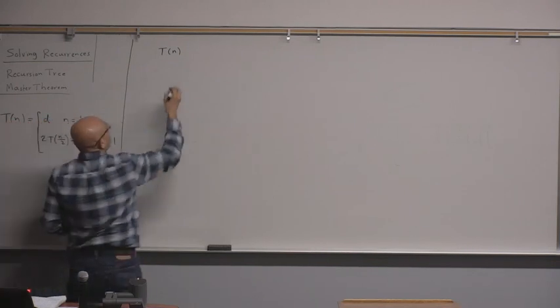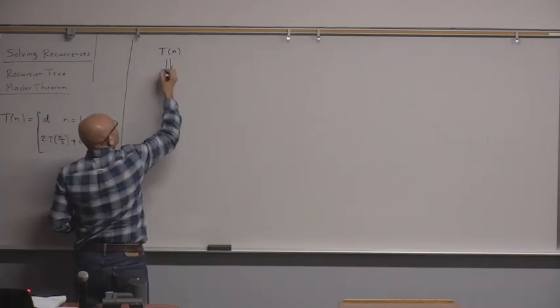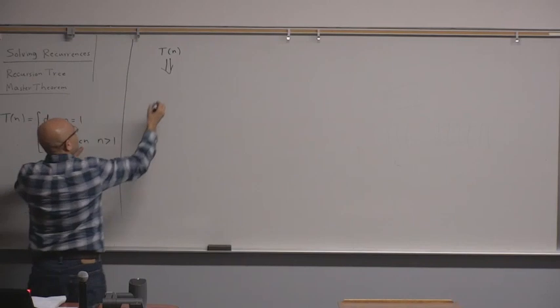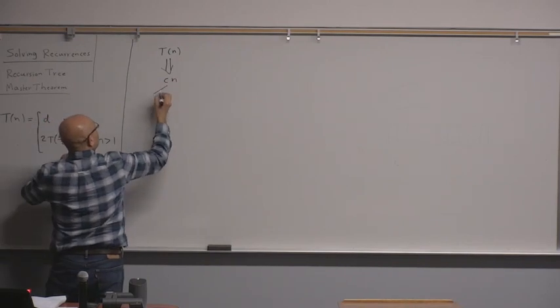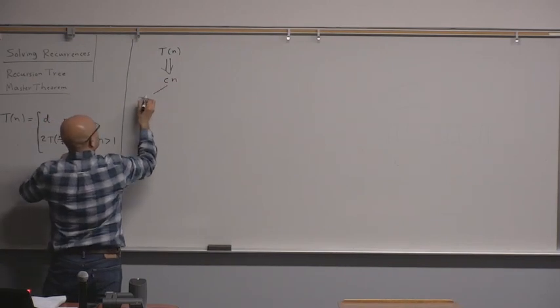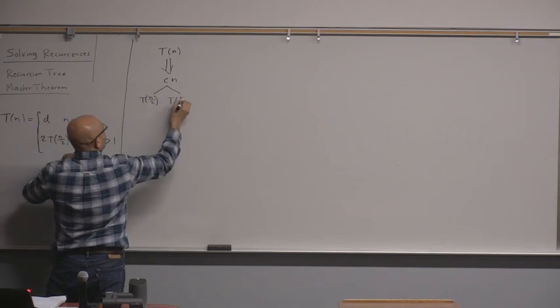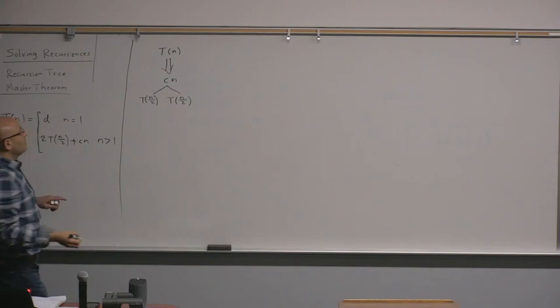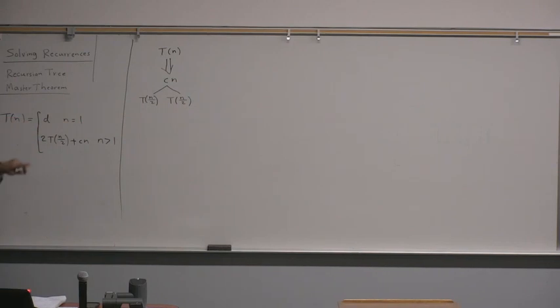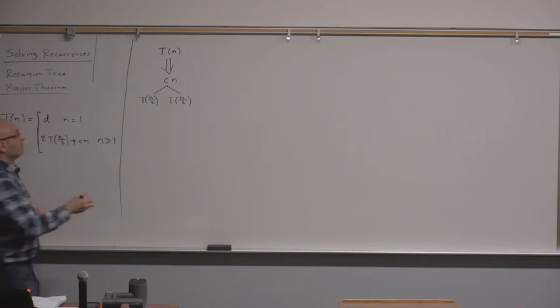So I can expand T of n as cn plus T of n over 2 plus another T of n over 2. So I did one expansion, but I can keep expanding.